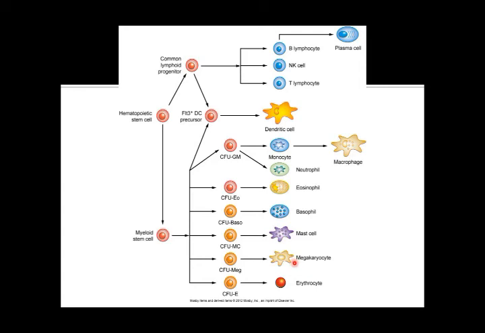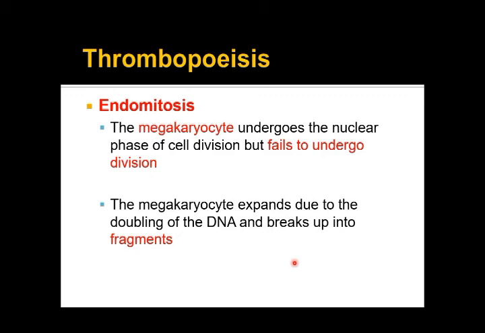And inside of those cytoplasmic fragments are a bunch of goodies. So let's look at these platelets here in more detail. Oh, I forgot to mention this term, endomitosis. That's the process of a megakaryocyte breaking off fragments and pieces of itself to create these platelets that we know of.